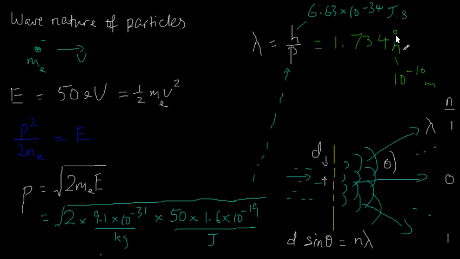It is a problem because how can we make slits that are 1 or 2 atoms apart? If we just take a knife and cut a slit in a piece of paper, that must be many atoms wide.